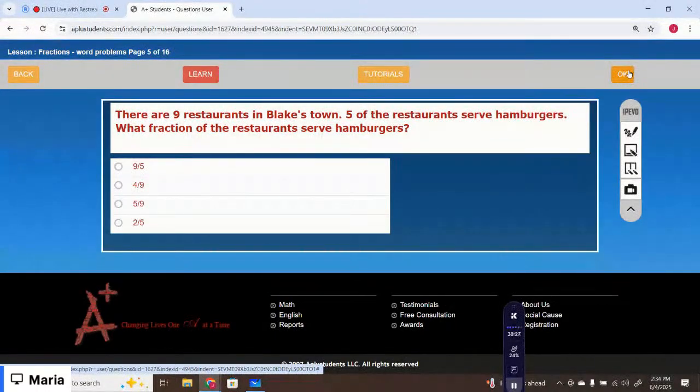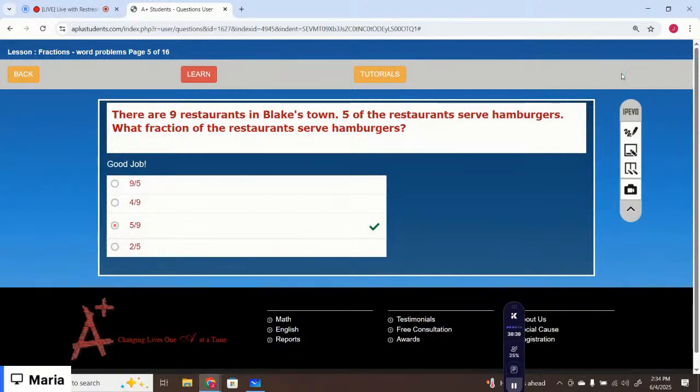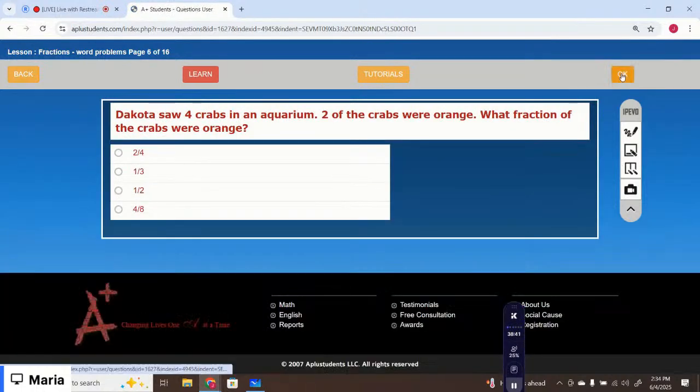That is five out of nine. Keep this in your mind. Numerators are always smaller than denominators, right? So that would be five out of nine. Five is smaller than nine. So option number three is the correct option.